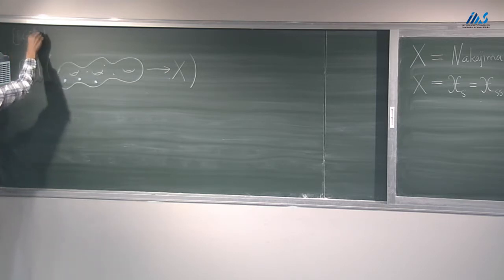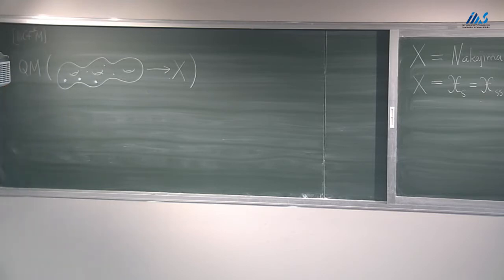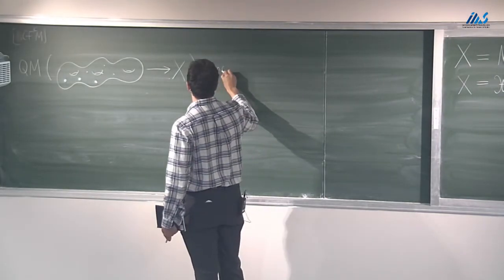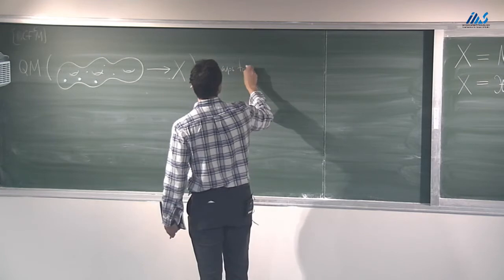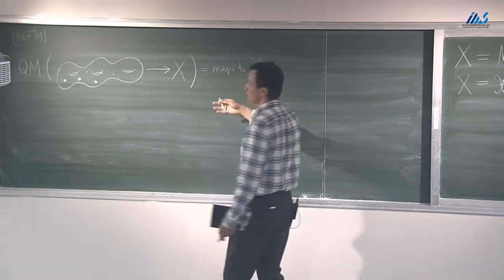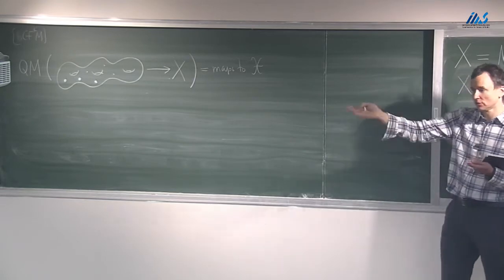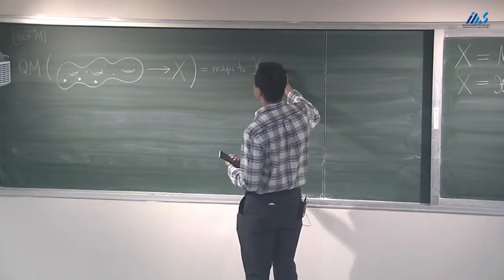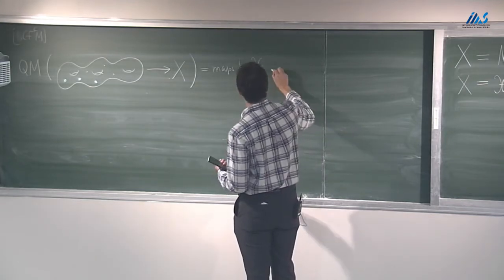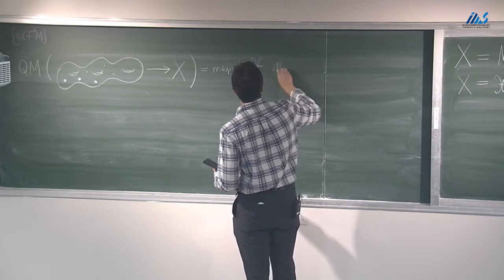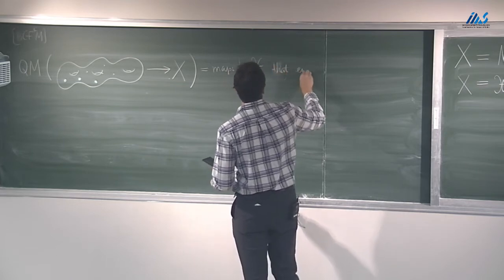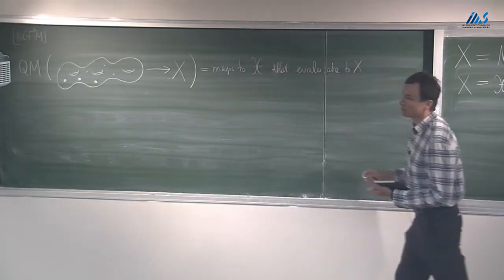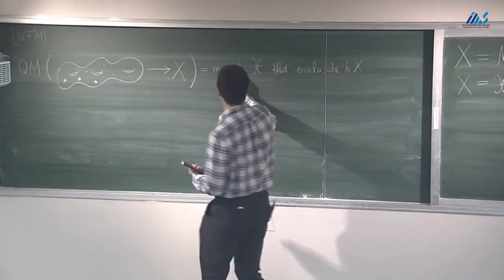So this space is defined as maps to the stack, really. What's a map to the stack? It is a G-bundle over your curve together with a section of the associated pre-quotient, such that it evaluates to X away from finitely many singular points.